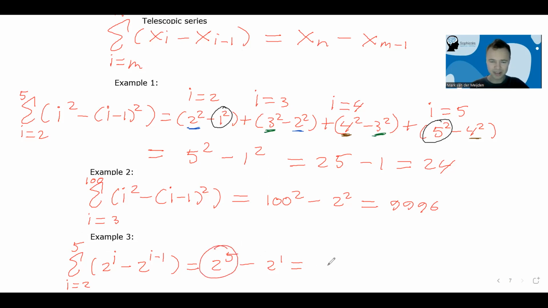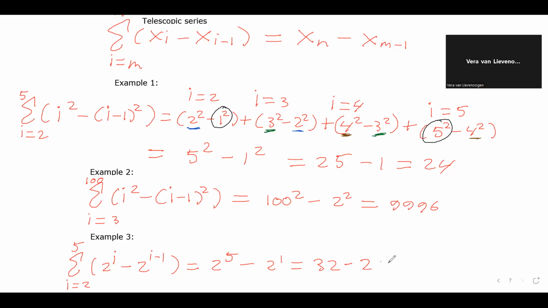You can fill this into your calculator, you get 32. And what is 2 with the power of 1? 2. Yes. So what's your final answer? 30. Very good. I thought you submitted something different, but yeah, I had a miscalculation with the 2 with the power of 5. I didn't have my calculator with me. Okay. No worries. Thank you.